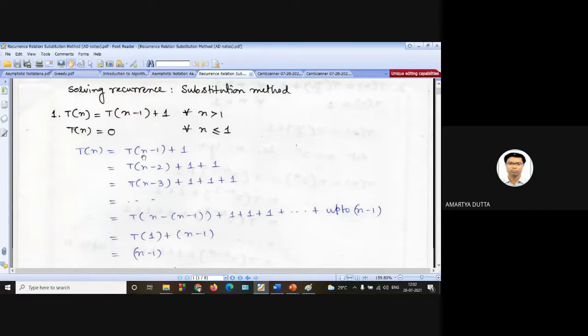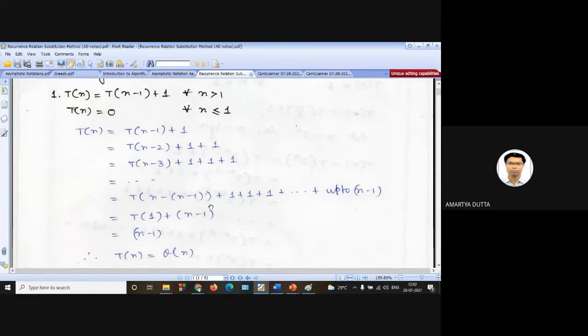So first I am writing T(n) = T(n-1) + 1. Next, substitute this T(n-1), that is T(n-2) + 1 + 1, then T(n-3) + 1 + 1 + 1. So what is the base case?